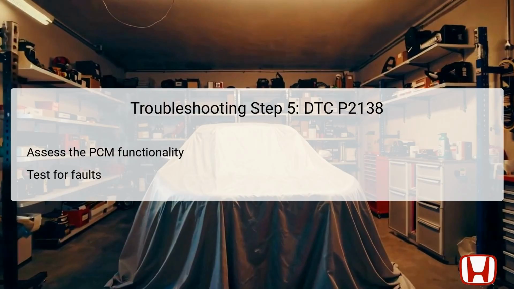This step involves using diagnostic tools to ensure the PCM is processing signals accurately and effectively controlling the engine's operation. Should faults be detected within the PCM, it may need reprogramming, repair, or even replacement. This step emphasizes the importance of confirming that all components are functioning harmoniously to maintain optimal vehicle performance.